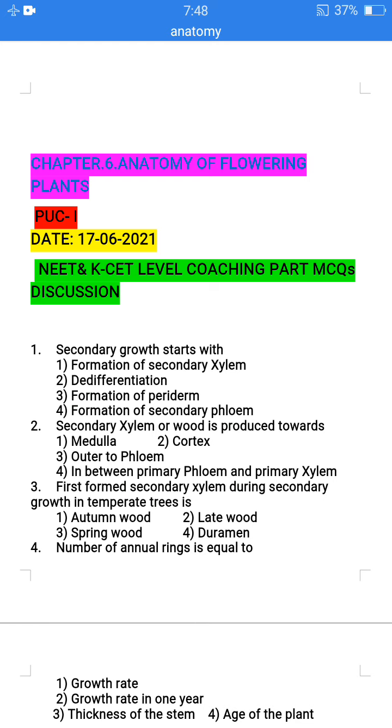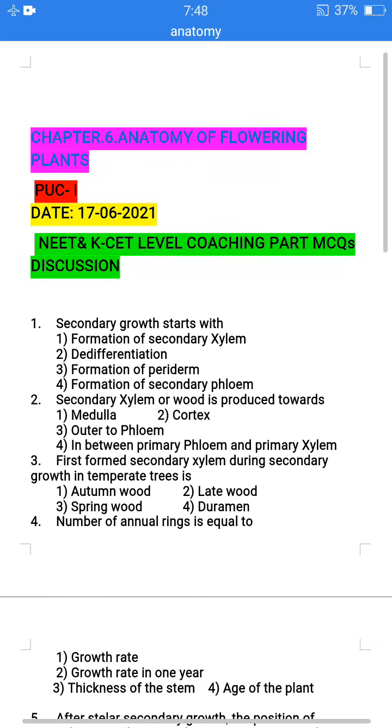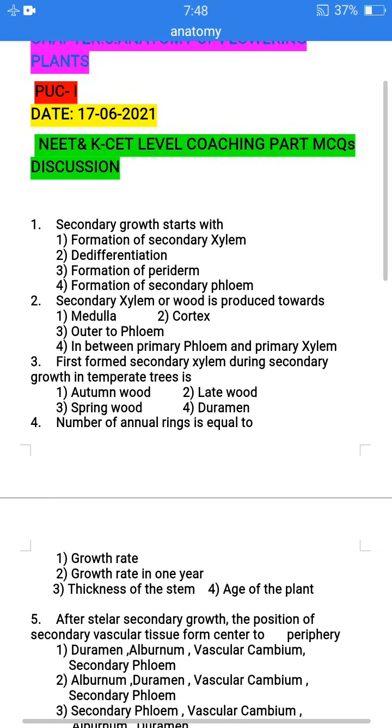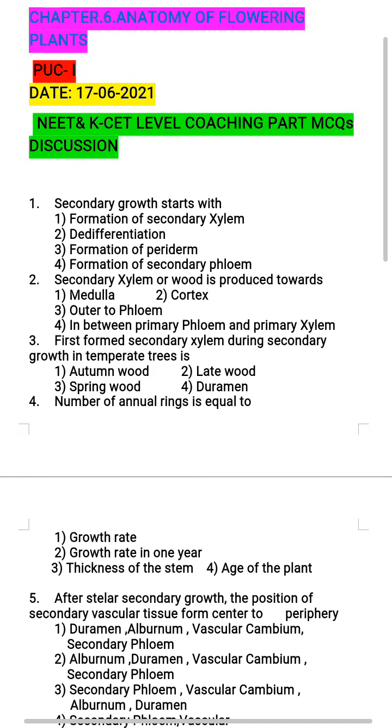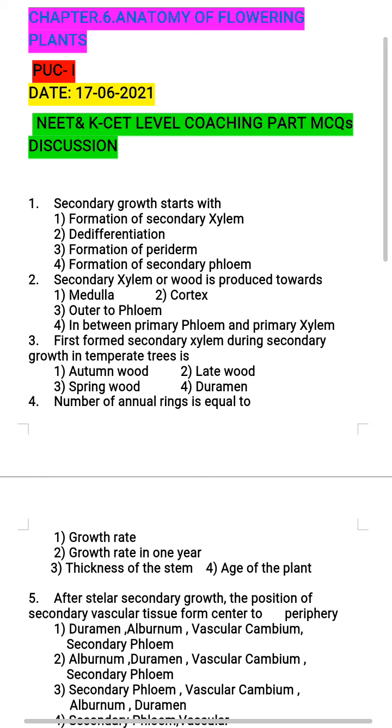The correct answer for this question is option 1, medulla. Now let us see the correct explanation. Secondary xylem and secondary phloem, let us see how they are forming. The cambial ring becomes active and begins to cut off new cells both towards the inner and the outer sides.